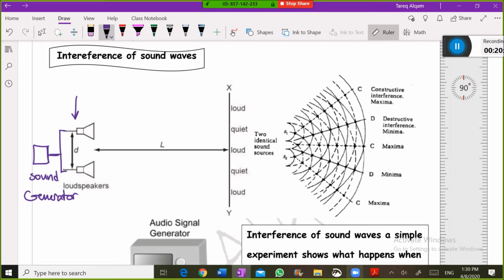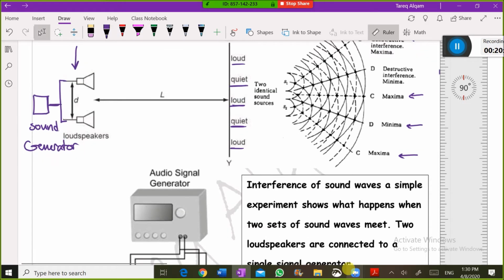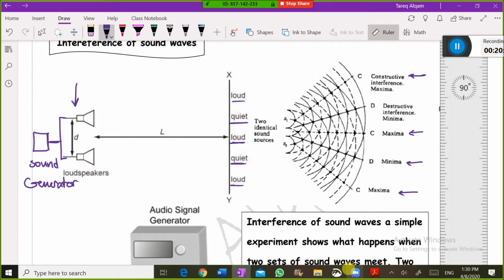So I can notice at certain positions there is a maxima, at certain positions there is a minima, or loud, quiet, loud, quiet, loud, quiet. Meaning if there is someone moving along, come with me guys, he starts hearing the sound loud, quiet, loud, quiet.